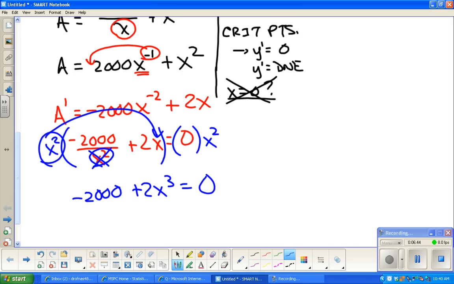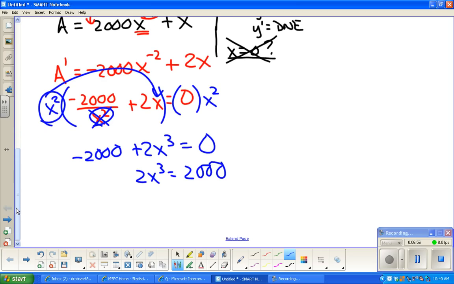I'm distributing x squared times 2x, so 2x to the third. I'm going to add 2,000 to both sides. Divide both sides by 2. X equals, looks like 10 to me.